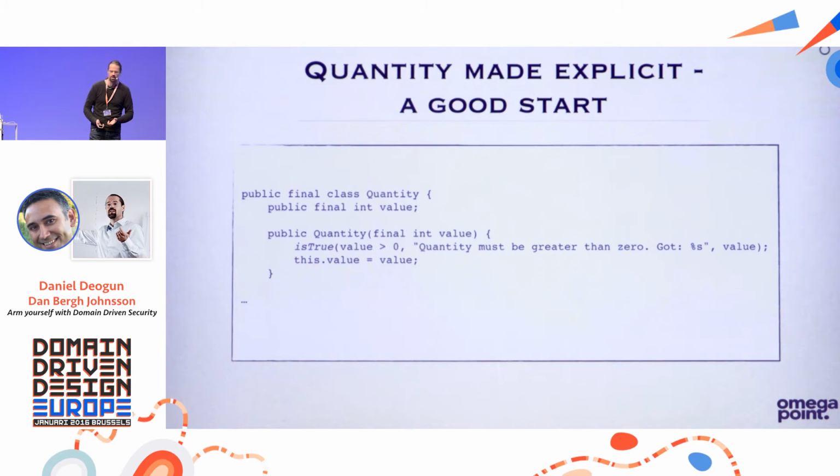To be very concrete, we'll end up with some kind of class saying, we've got a quantity, it's got a value on the inside, and we have a guarded constructor stopping it from doing stuff that is not model-wise sound. This might seem trivial, but in our experience this is a stepping stone.